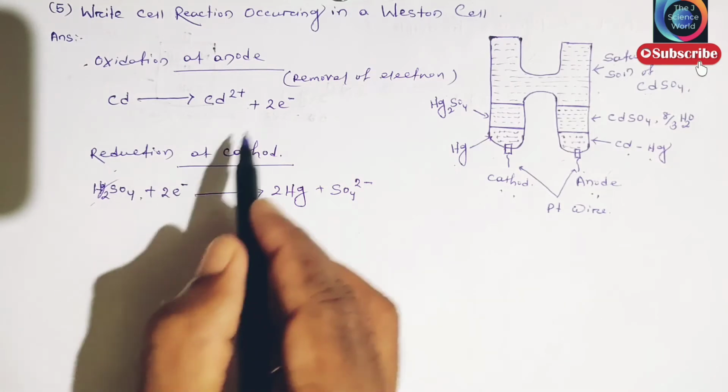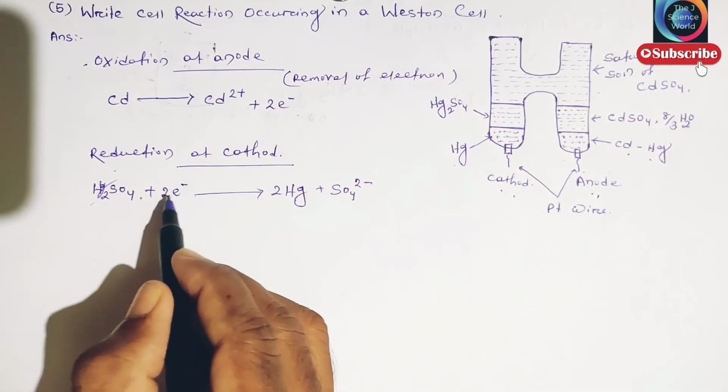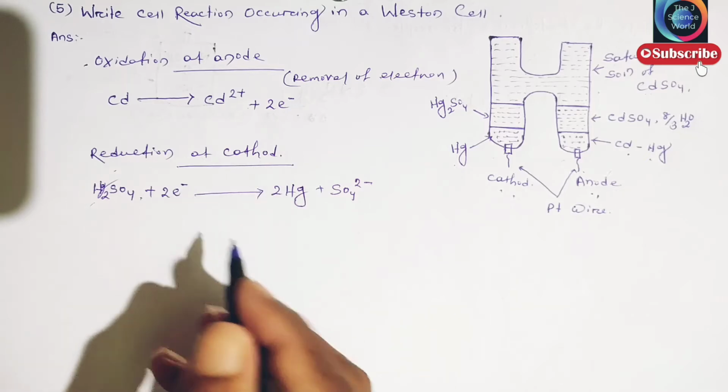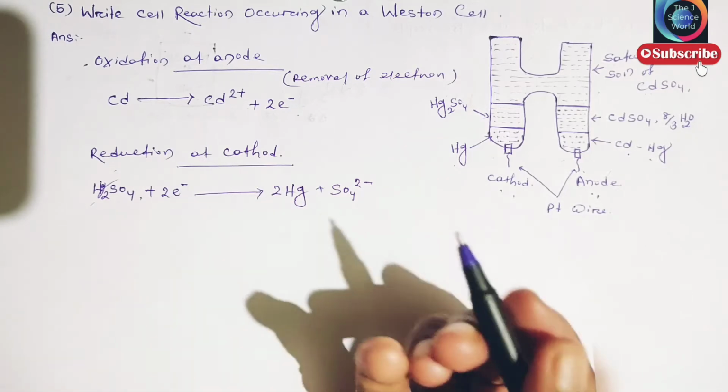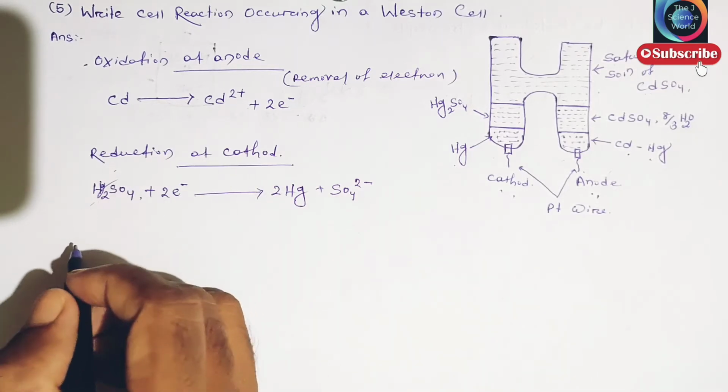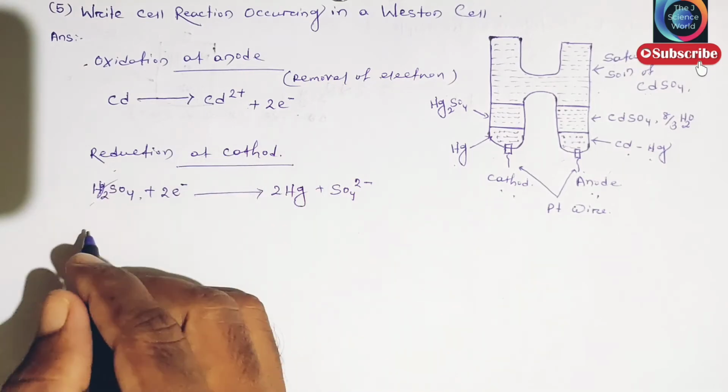If we balance these electrons, we add these 2 electrons. Then finally we add both reactions.